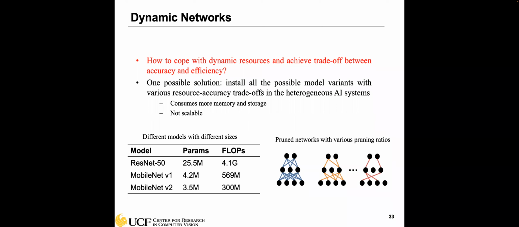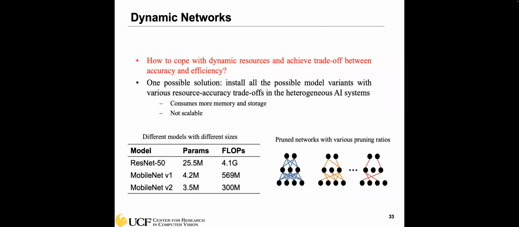So I think the better solution is, can we come up with a dynamic network that can adjust the trade-off between accuracy and efficiency? Let's say when the drone is at full battery, maybe we can use a large network to achieve very good accuracy.